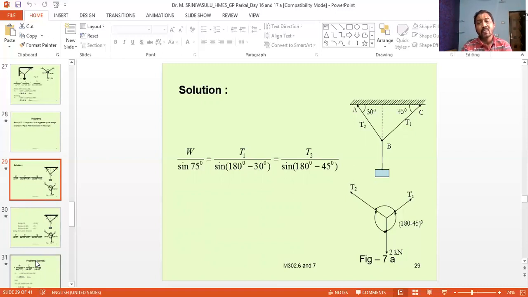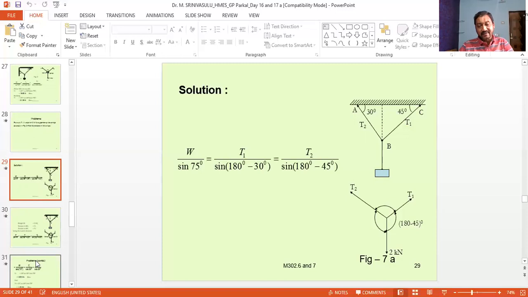Now with the help of the geometry of the given figure, that is, with the help of the given angles, we are supposed to find out the remaining angles. Somehow we have to find out the angles between any two forces. Then we can easily apply Lami's theorem to find out the unknown forces or the unknown tensions developed in the strings.